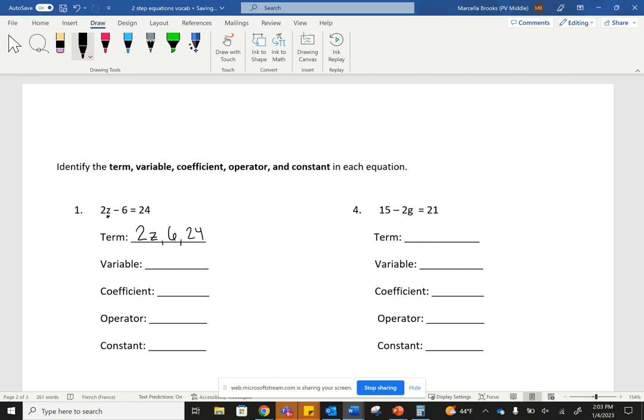So the variable in this is z. Coefficient is the number that's attached to the letter. So what's attached to our variable? It's 2, right? The operator is what operation we're doing. We're doing subtraction. So we're going to put a minus sign. And the constants are the numbers that don't change. So 6 and 24 are our constants.